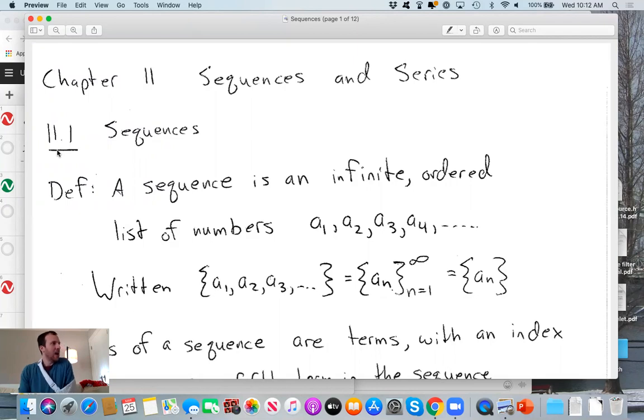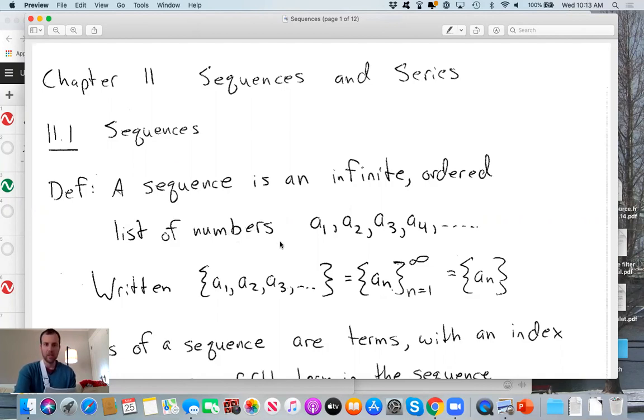So I said that what we want to look at are lists of numbers and what happens to that list as you go further and further out. So the word we'll actually be using is sequences. A sequence is just an infinite ordered list of numbers.